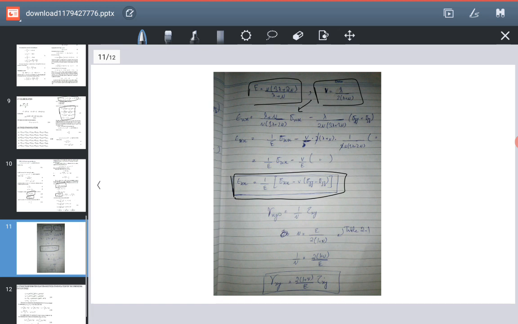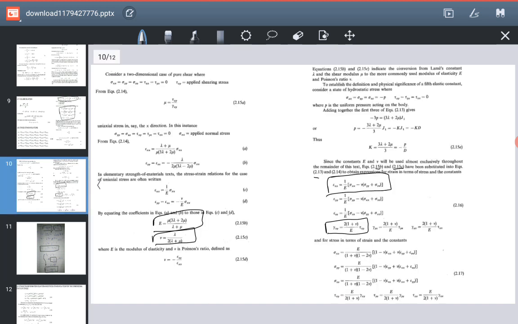Similarly, I did this for gamma xy, and finally got this equation. I've got this value of nu from table 2.1. You can see I've just put it and got this result. And this equation is nothing but converting strain into stress.